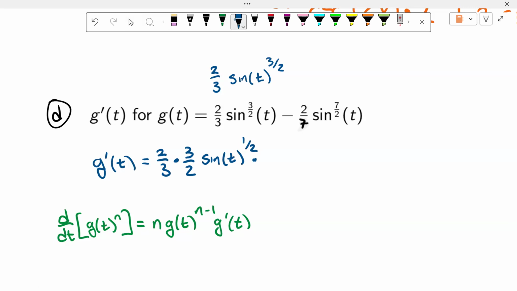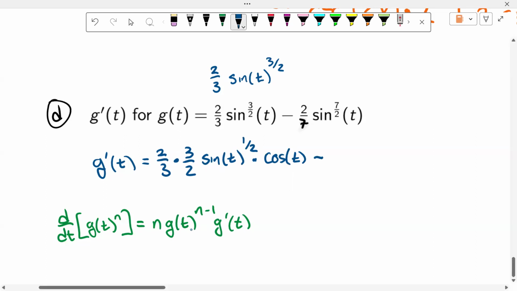Do you know what it is? I think Sydney's telling me. Yes. Sydney typed cosine. And why is that? Well, in this general power rule, our g of t is the sine, and the derivative of sine is cosine.